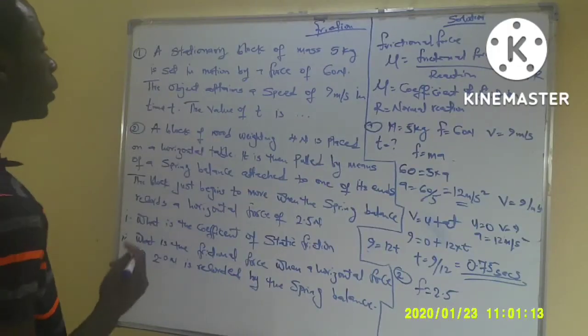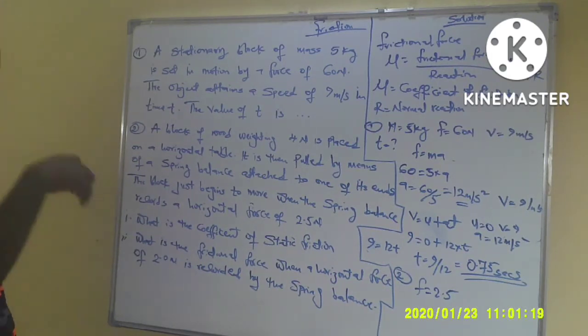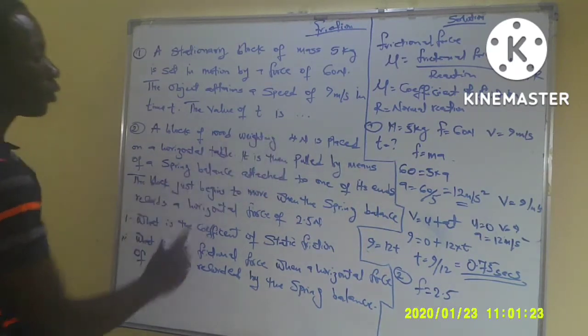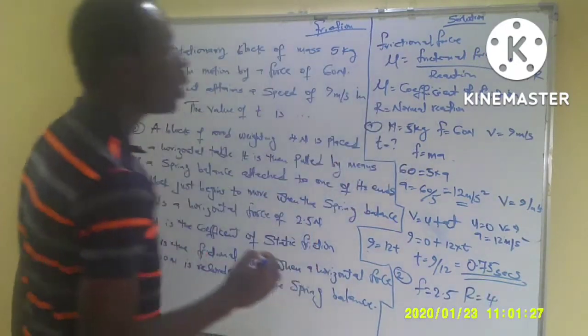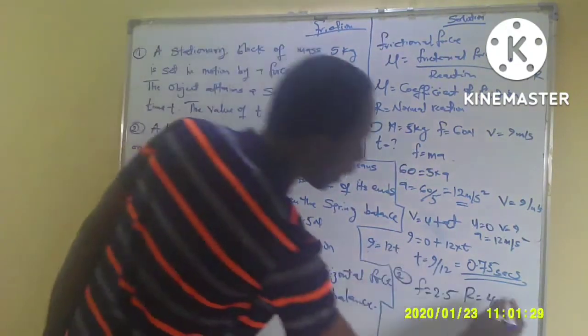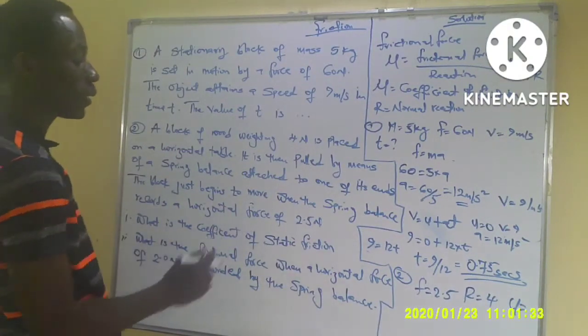2.5. And now the reaction with which the body is reacting to the ground, the reaction of the body to the ground, is 4 Newton. So at this point, reaction is 4. So what is the formula that relates the coefficient of static friction?